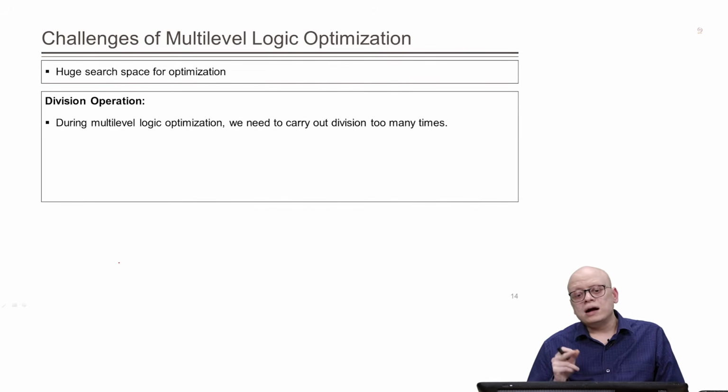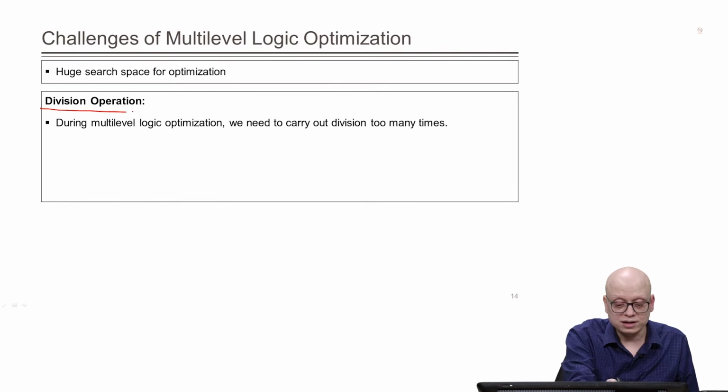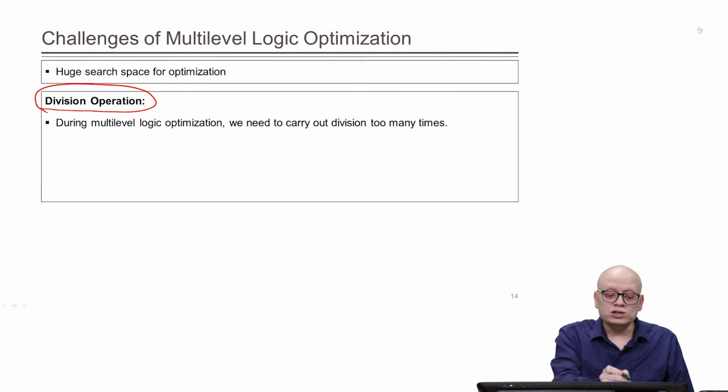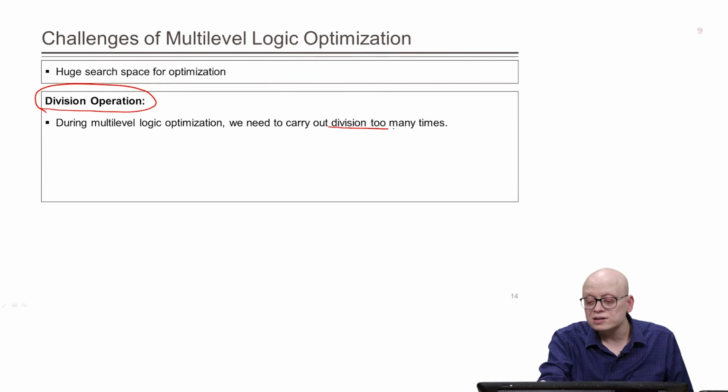And to accomplish this task, what do we rely on? We rely on the division operation, right. We need to have a division operation which does it very efficiently. Why? Because during multi-level logic optimization, we need to carry out divisions too many times.